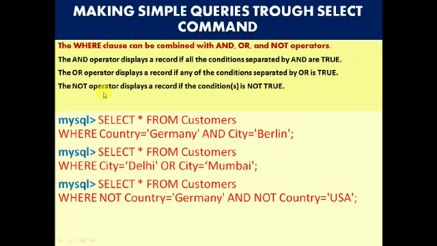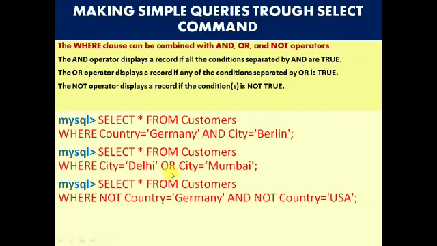Then NOT means if you want to give a condition just opposite to that, you can use NOT. Now let us see a few examples. For example, the first one, we have given the condition country equals Germany and city equals Berlin. So it will search for all those records where both conditions must be true.